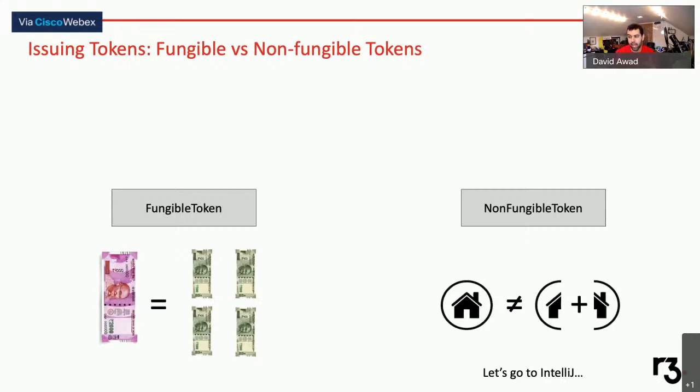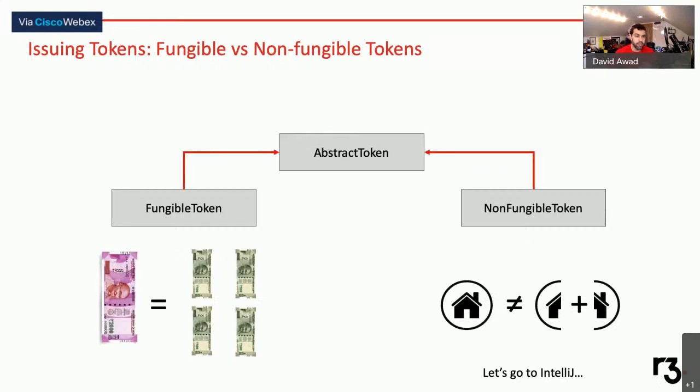So you can't split a house generally, but it all depends on how you want to define the abstractions as you want to think about them. So both of these kinds of tokens are kind of sub abstractions from the idea of an abstract token, which itself is an extension of the contract state idea that we use when normally thinking about Corda objects.